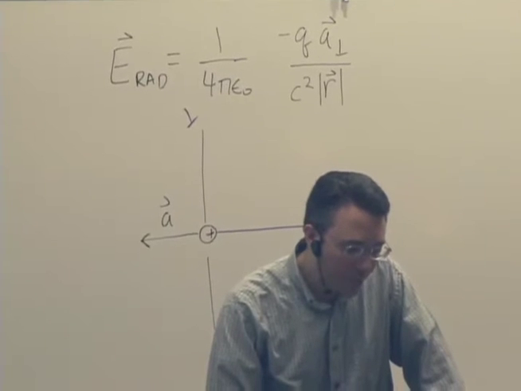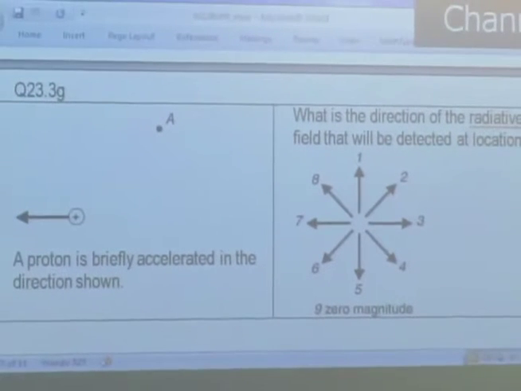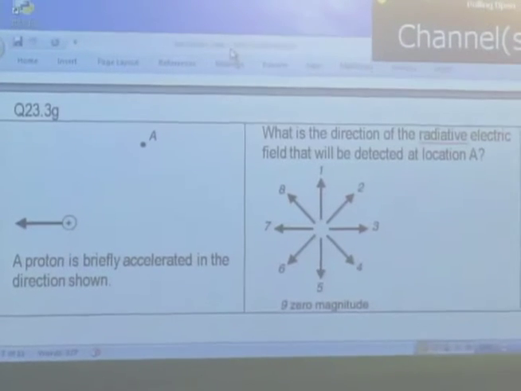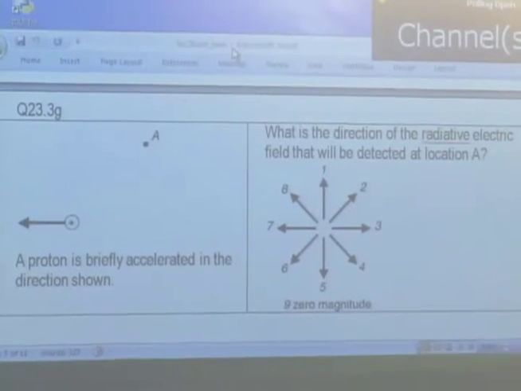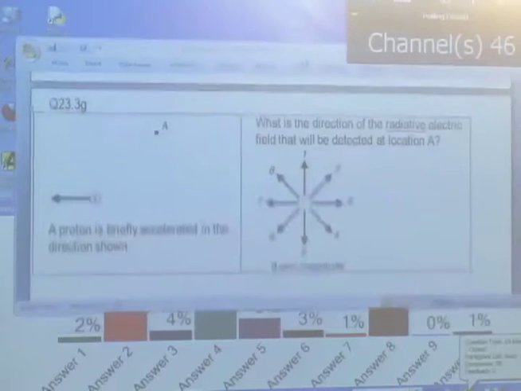Let's try this one. A proton is briefly accelerated in the direction shown. What's the direction of the radiative electric field that will be detected at location A? Now you have to go through the steps and apply this formula to figure out the direction. A little bit tougher on this one.